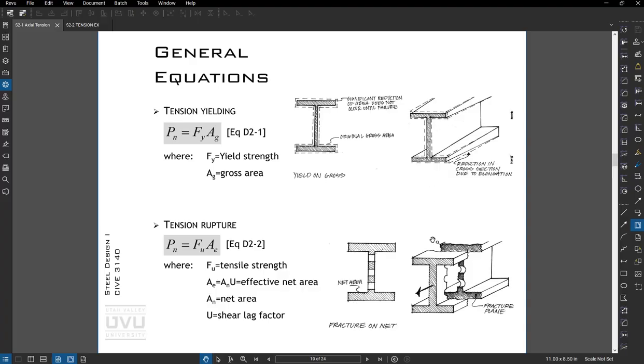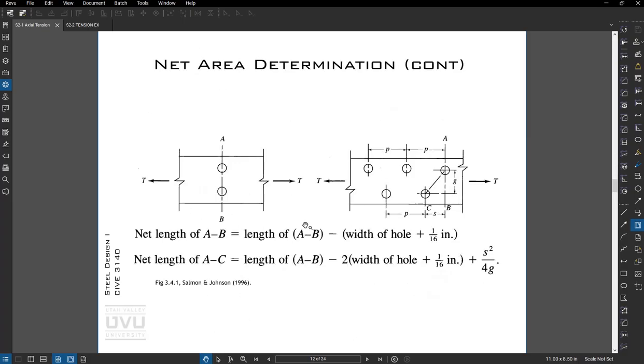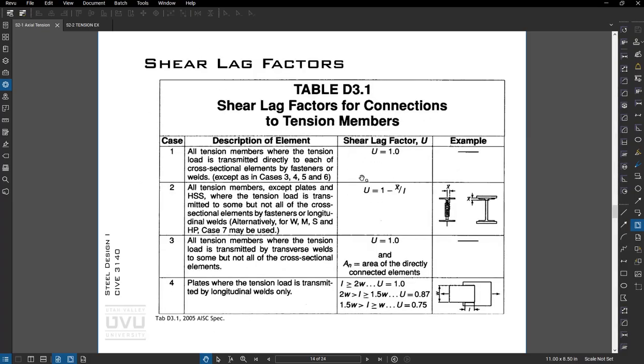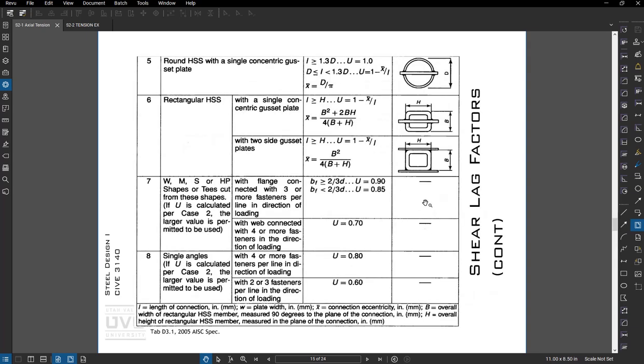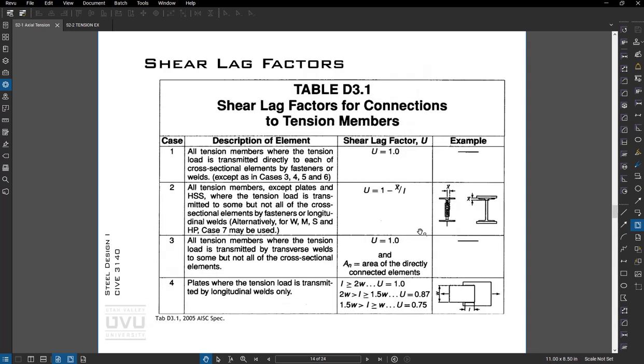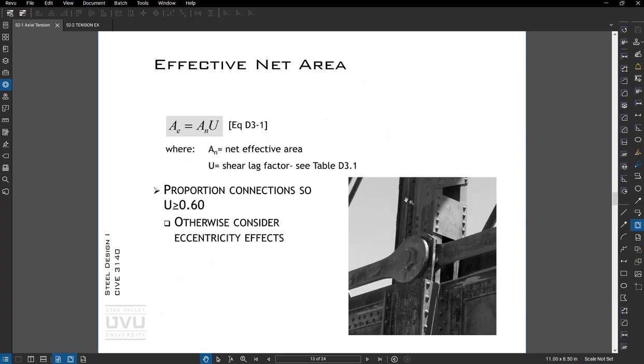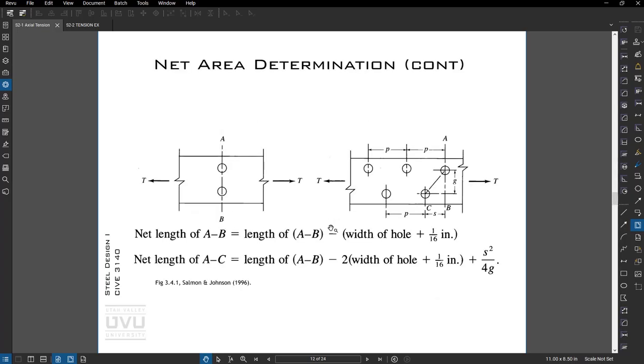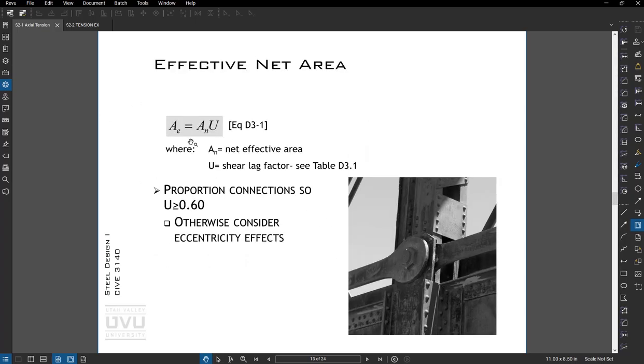And it creates a stress concentration. So that's what this shear lag factor is trying to account for in kind of a backwards way. Anyway, depending on the geometry of your connection, you can come in here, calculate the shear lag factor, and apply that to your rupture capacity, which comes up in your effective area calculation.